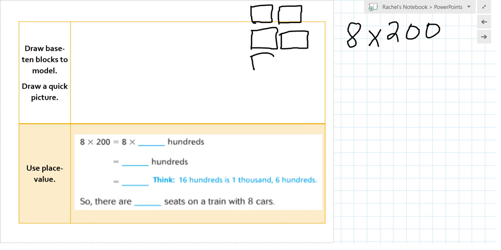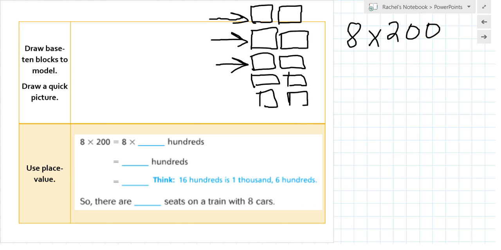We represent hundreds with rectangles because they represent the flat, the manipulative we use in the class. And so to do this, we have 1 row here of 200, 2 rows, 3 rows, 4, 7, and 8. In this model, I have 8 rows. Each of them have 2 flats or 200s, representing those squares with base 10 blocks.